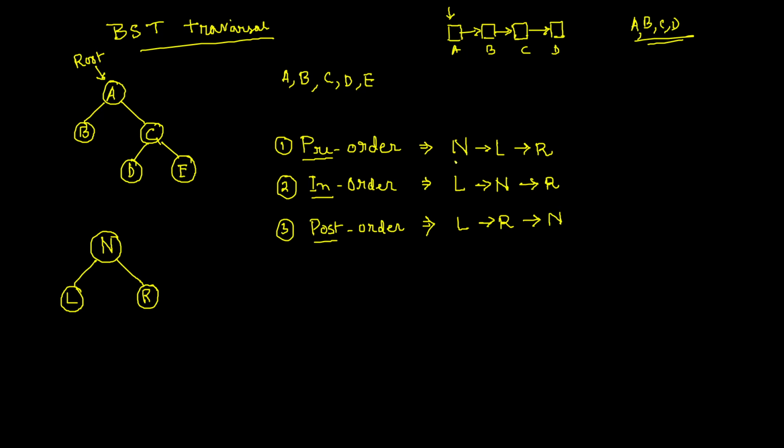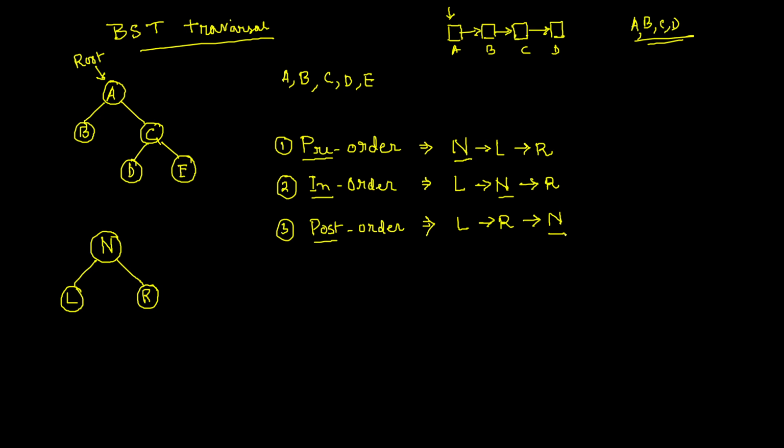So you see the position of N with respect to the different cases. These words pre, in, post are considered with respect to the position of N, because in preorder, the parent is before the left and right child.